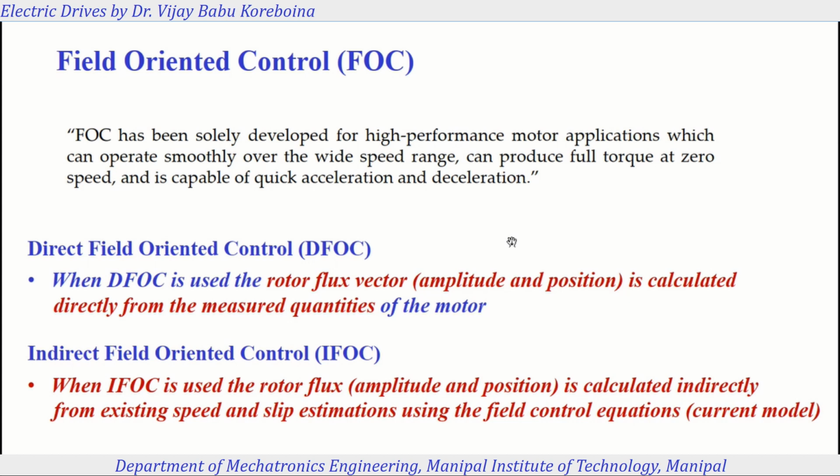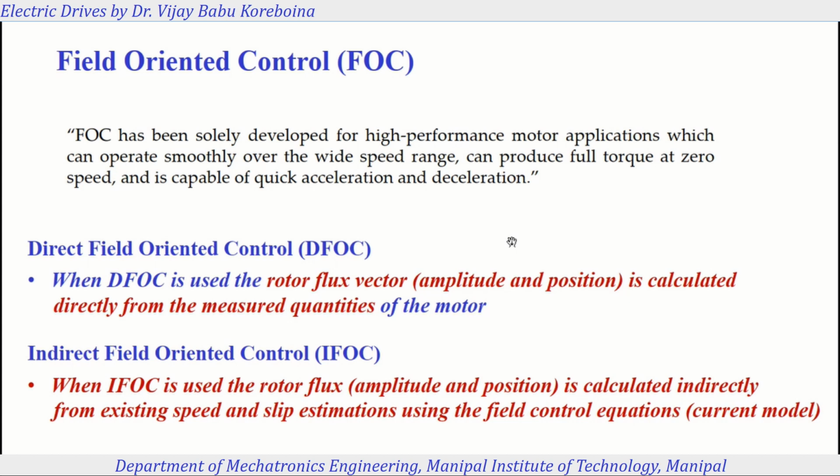At zero speed you need to produce high torque, and it is capable of quick acceleration and deceleration. This is very important. The dynamics should be controlled very accurately and quickly. That is the requirement, so field oriented control will help us in that.